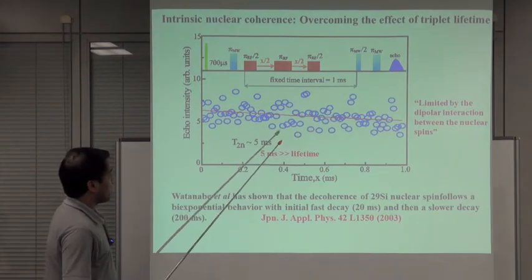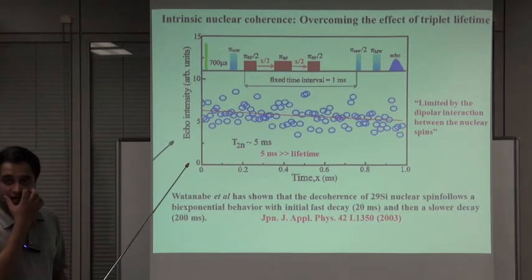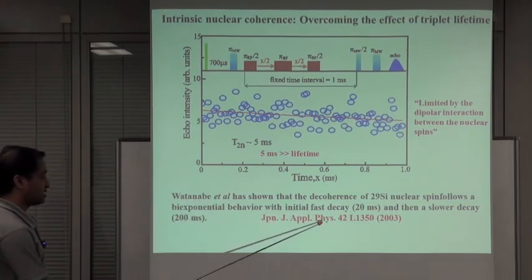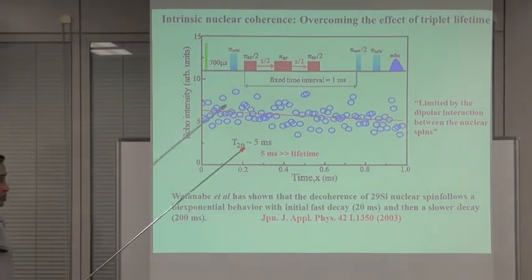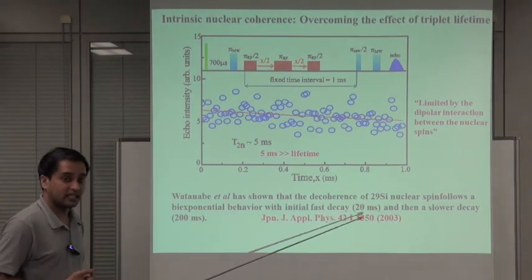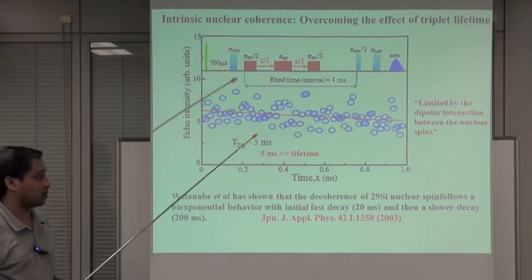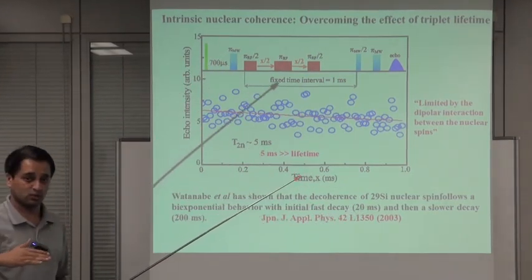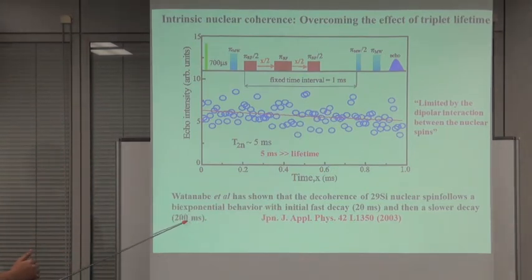In order to explain this 5 millisecond coherence time, it was shown much earlier in a paper in JJAP that 29Si nuclear spins measured using a Hahn-echo sequence give a bi-exponential decay in the echo intensity: a very fast initial decay of nearly 20 milliseconds, and then a slow decay time of 200 milliseconds.